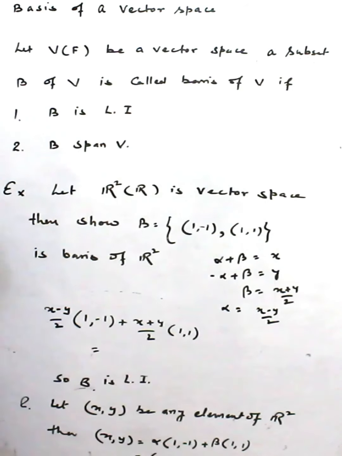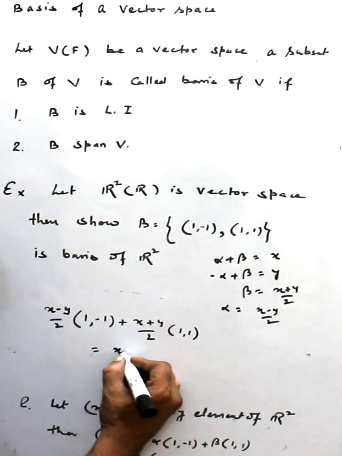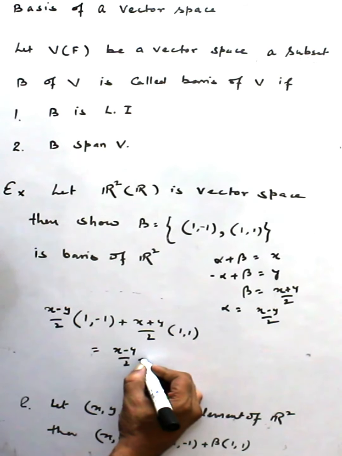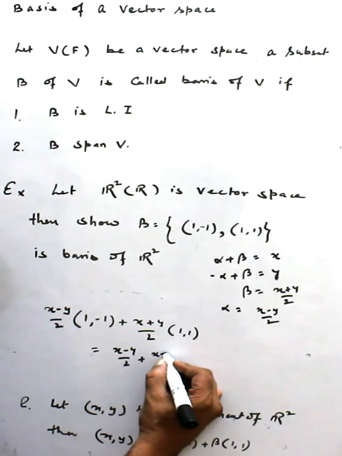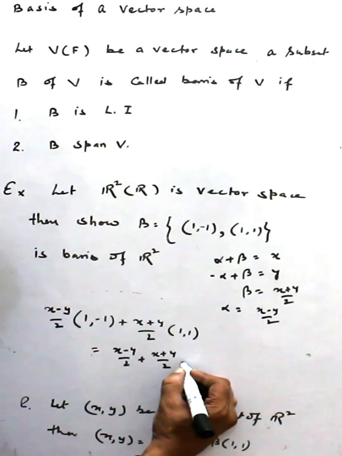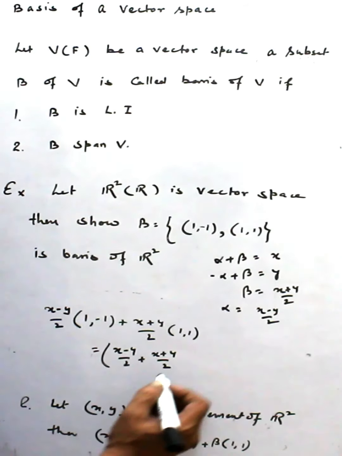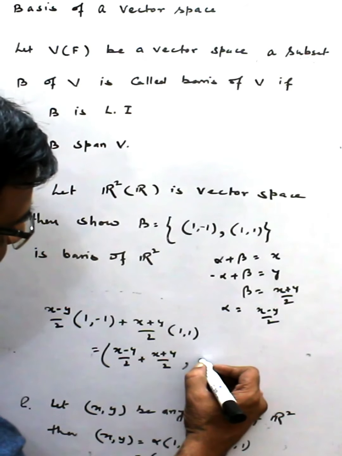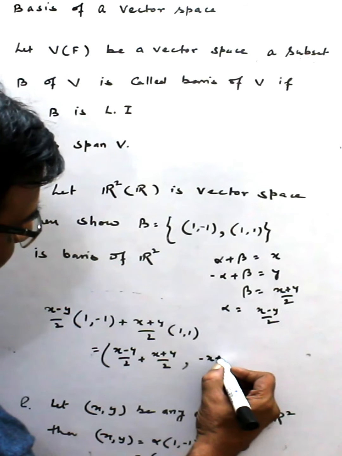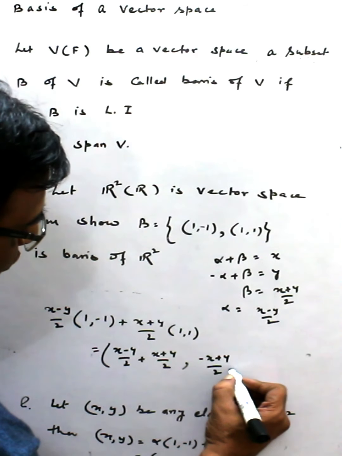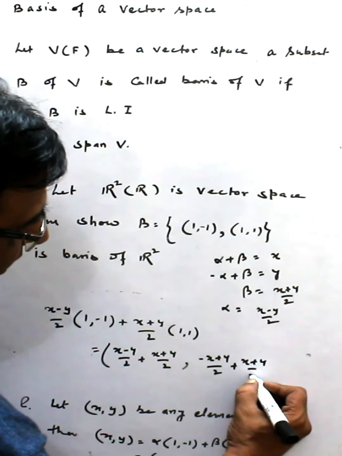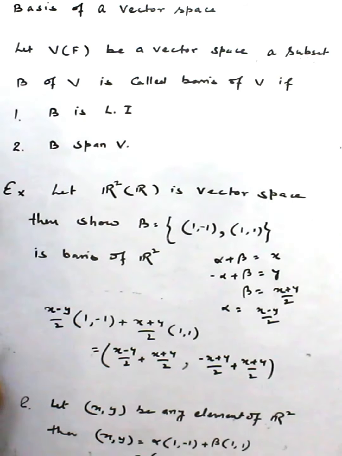This becomes x minus y by 2 plus x plus y by 2. This is the first component, comma, and the second component is minus x plus y by 2 plus x plus y by 2. Now simplify it.